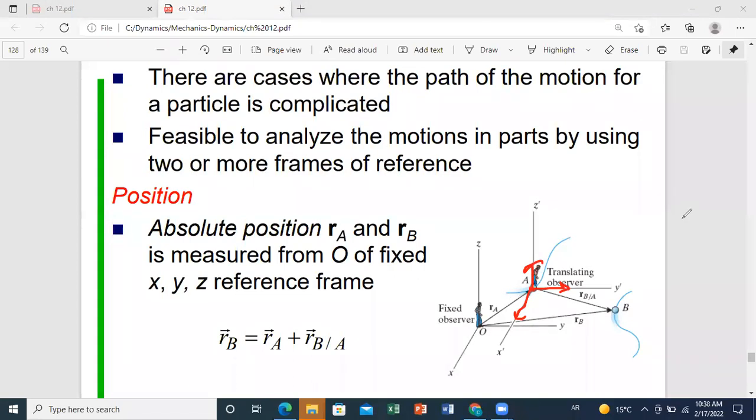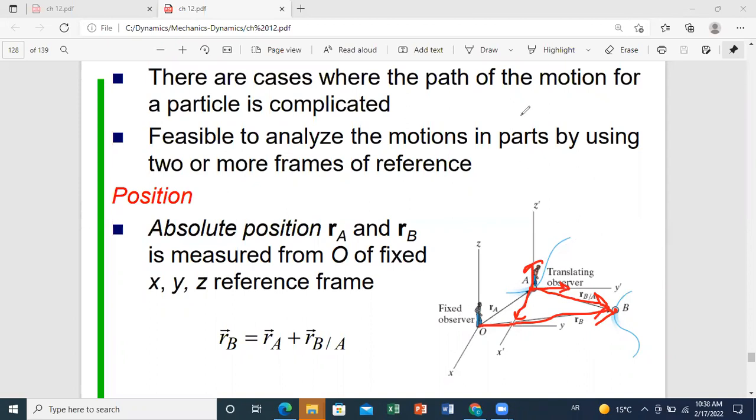So you have a translating frame and a fixed one. Now, if you have another particle B that is moving, you can measure its velocity with respect to the fixed frame, or with respect to the moving frame. And we can relate these measured velocities.